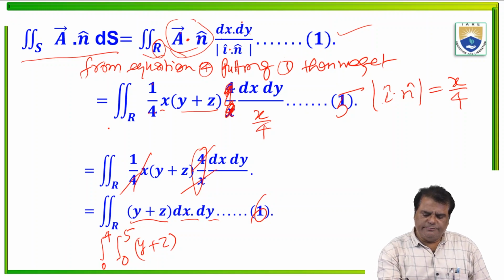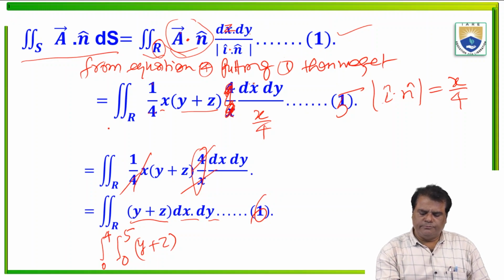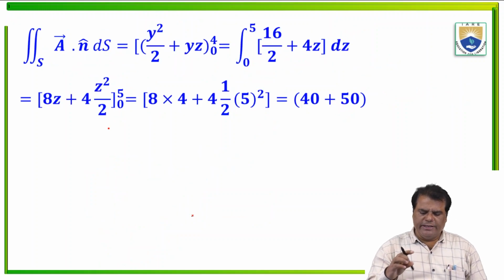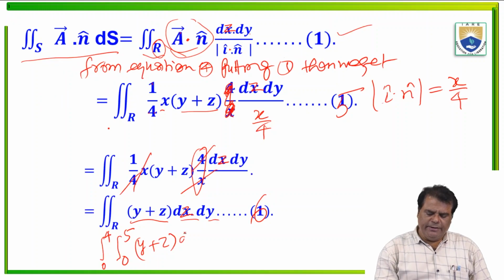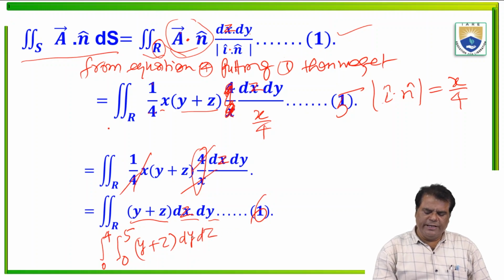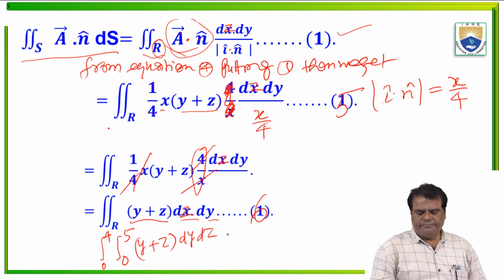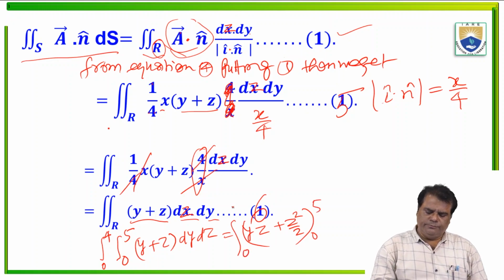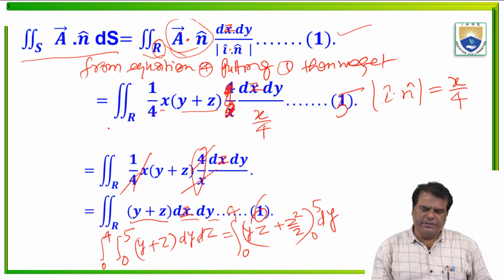Yeah, dy dz, not dx. So here is integration with respect to dy and dz. So integration with respect to z, this is yz plus z square by 2, putting 0 to 5, integration 0 to 4 and here is dy.